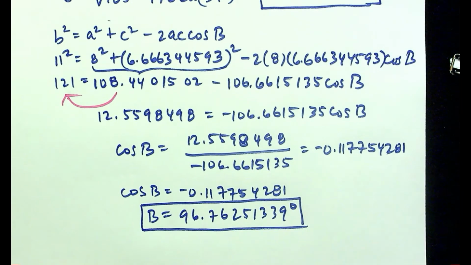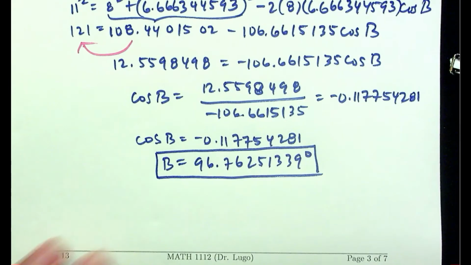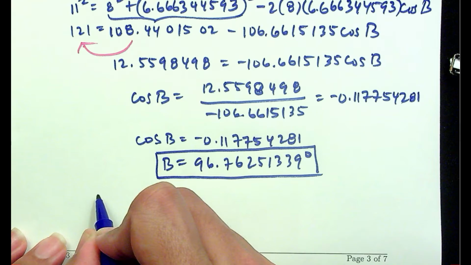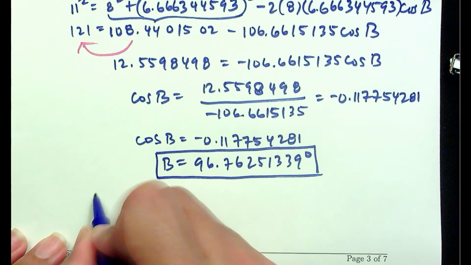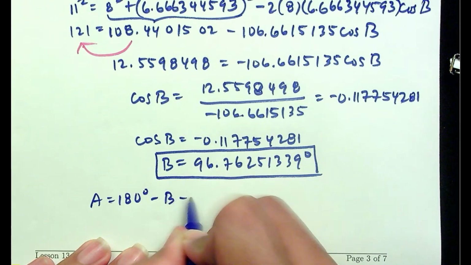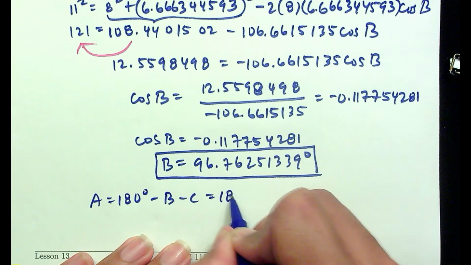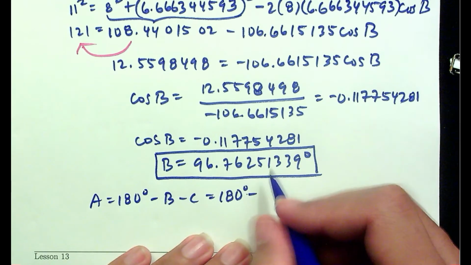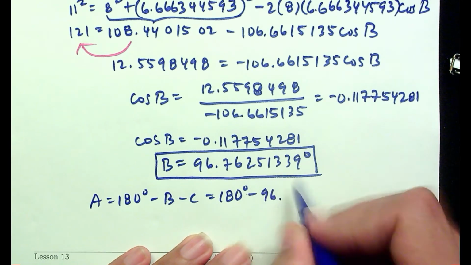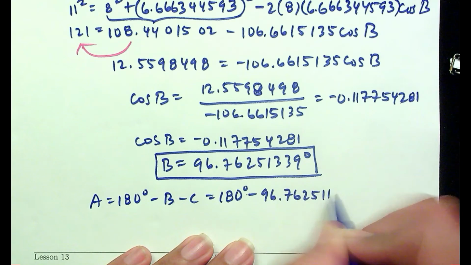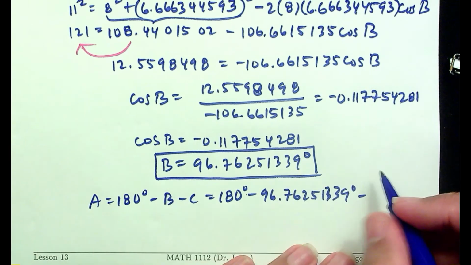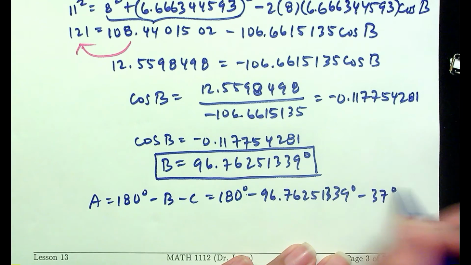To get the final angle, you just subtract both of the angles from 180. So the angle that we're missing is capital A. Capital A would be 180 minus the other two angles. So it would be 180 minus B, which is this, minus C, which is 37.